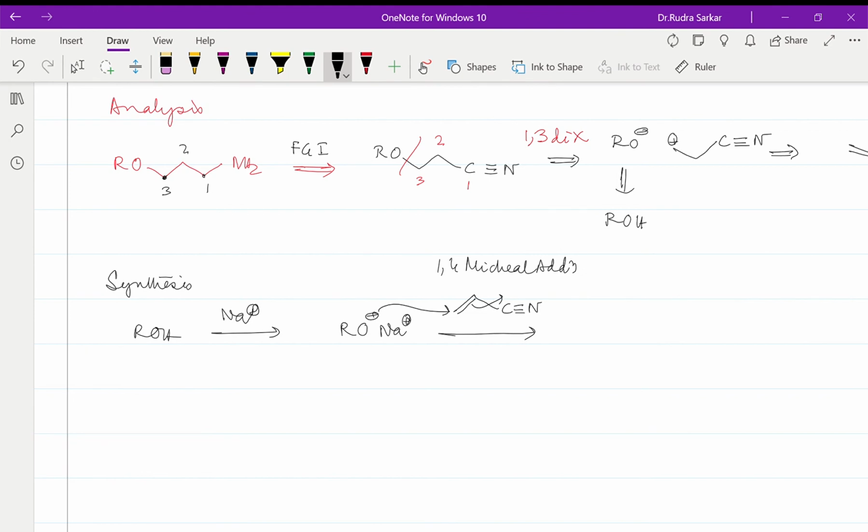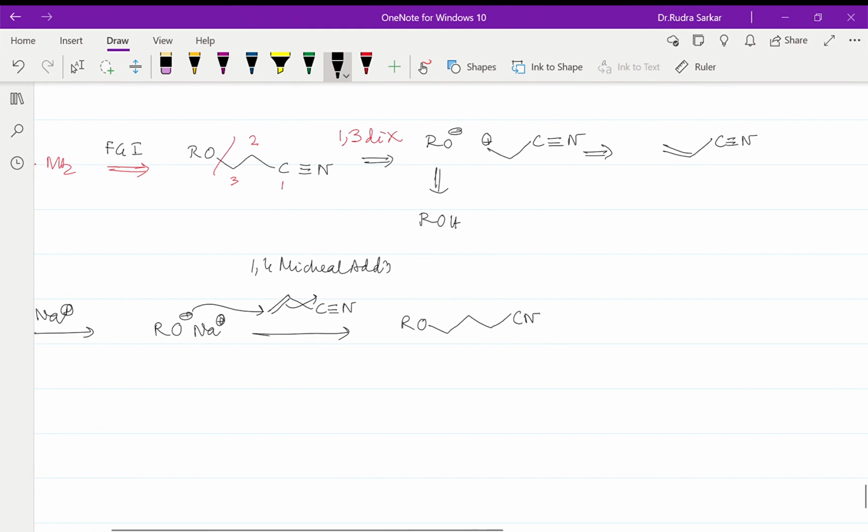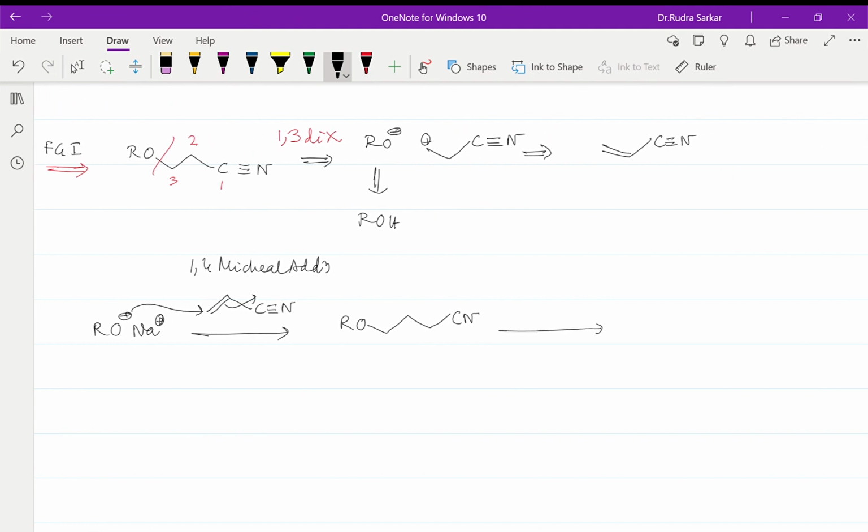Okay, and eventually that will lead to the formation of the precursor to the target molecule, which is this one, which if we reduce with lithium aluminum hydride, okay, and work it up with water, that will give us the desired target material, that is this.